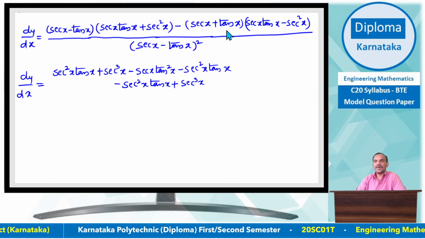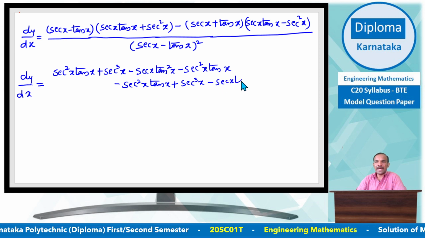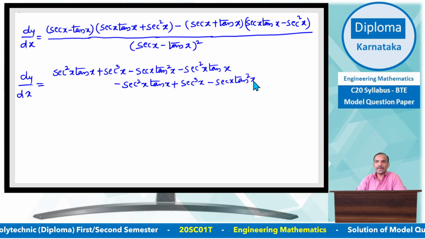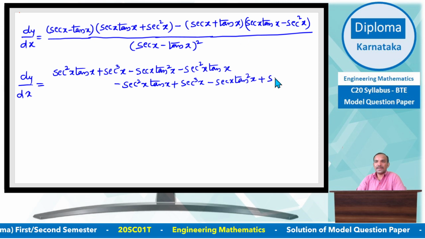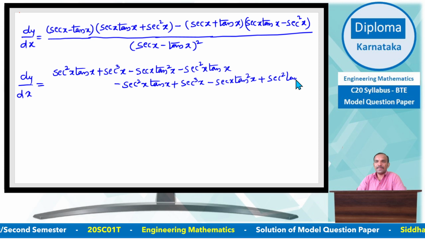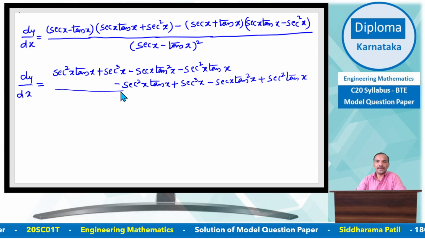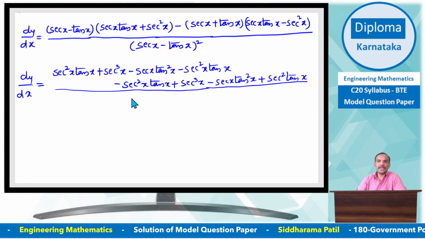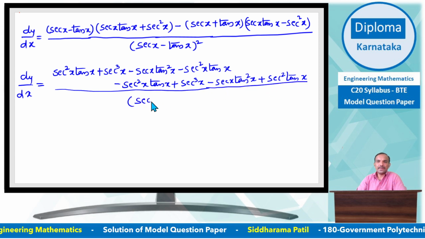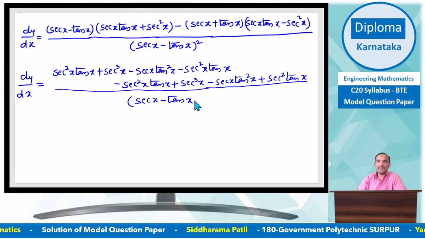Next, tan x times tan square x, so it is minus sec x tan square x, minus into minus plus sec square x tan x, whole divided by the denominator, which you have to keep as it is, that is (sec x minus tan x) whole square.